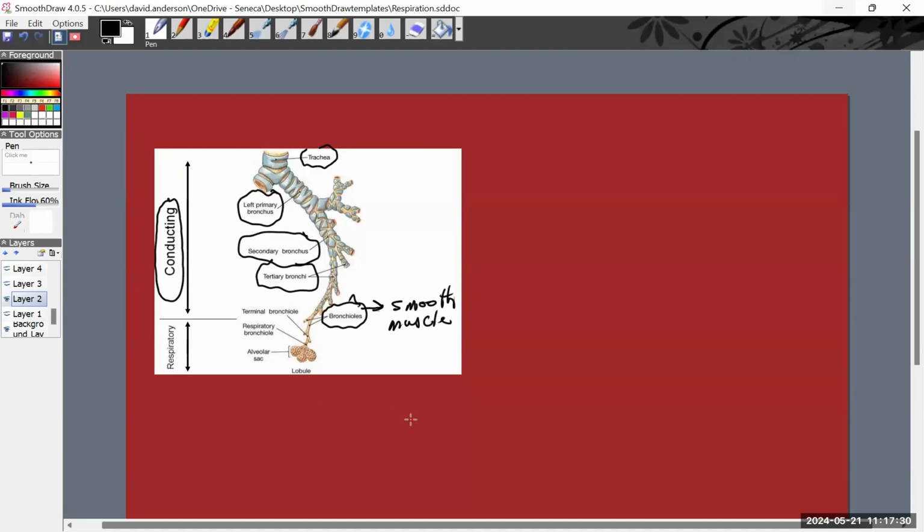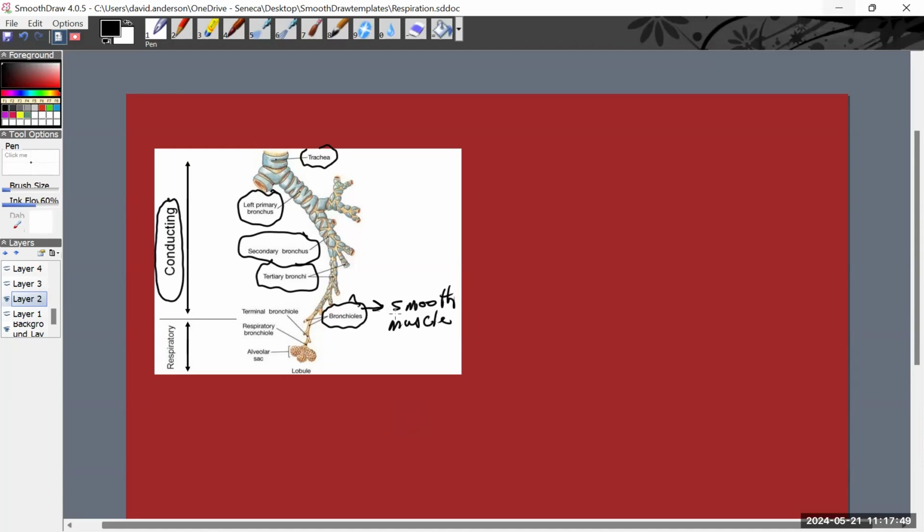And if the rest and digest branch of the autonomic nervous system, which utilizes acetylcholine as its messenger most of the time, we would get bronchoconstriction, reduced airflow.